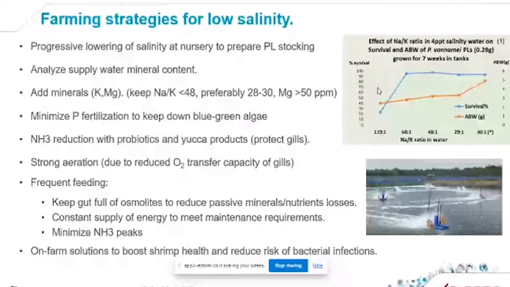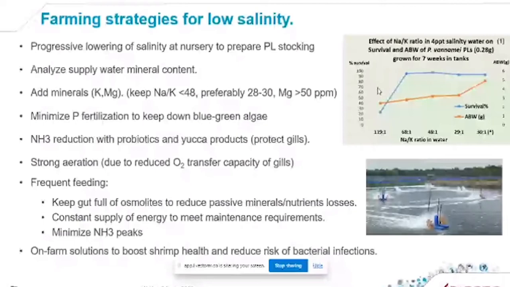This helps keep the gut full of osmolytes to reduce the passive losses of minerals and nutrients. Also, frequent feeding allows you to deliver a constant supply of energy to meet the maintenance energy requirements due to high osmoregulation requirements.